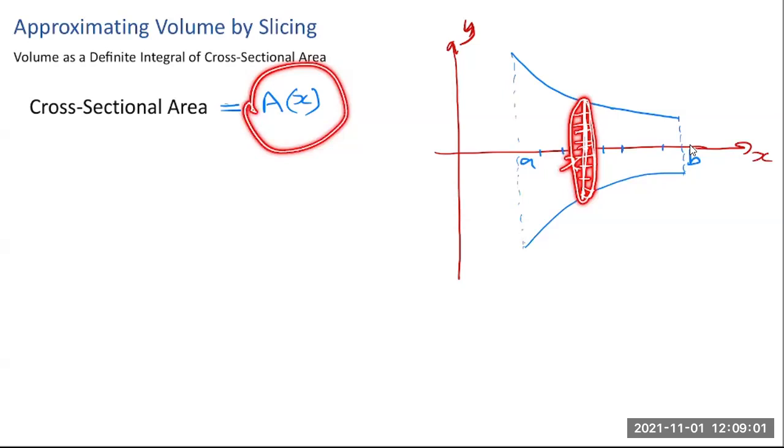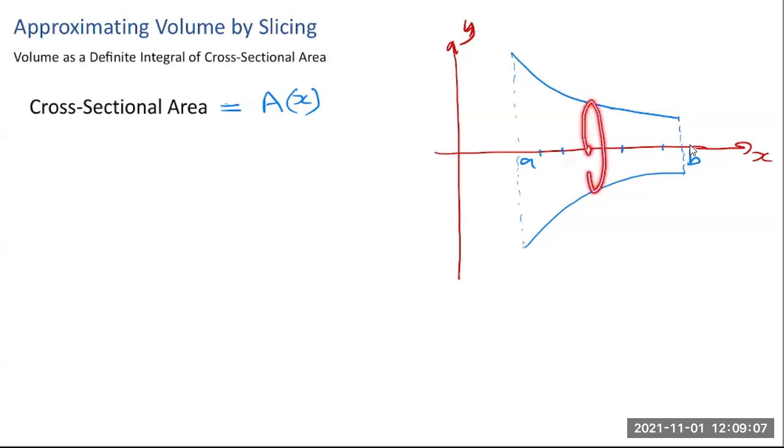So the area of the cross-section at the point x is known. If I take a cross-section at x is equal to x, then that cross-section has an area A(x). Then how can we find the volume of this object? Can we find the volume of this object?